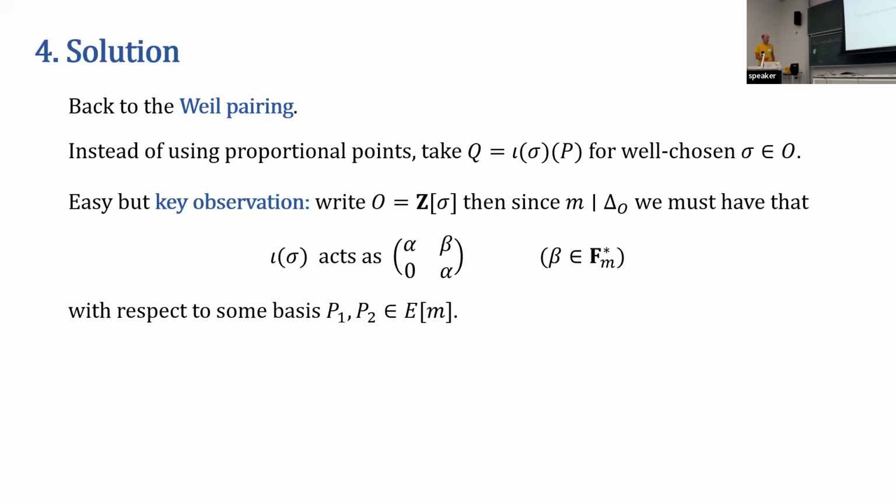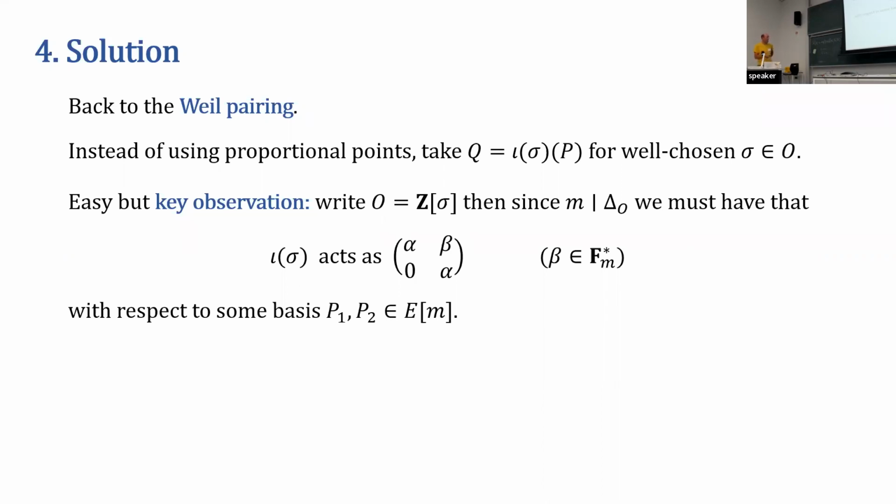Now, this P1 is not an interesting choice for us, because P1 is an eigenvector of iota of sigma. So if we used P1, then iota of sigma of P1 would be a multiple of P1, and if we pair them, we would get something trivial, and we want something non-trivial. But P2 is a better choice, because P2 under iota of sigma is mapped to alpha times P2 plus beta times P1. And so we are going to concentrate on these non-eigenvectors.